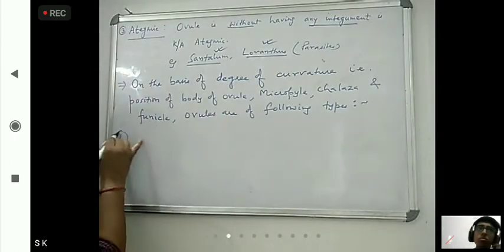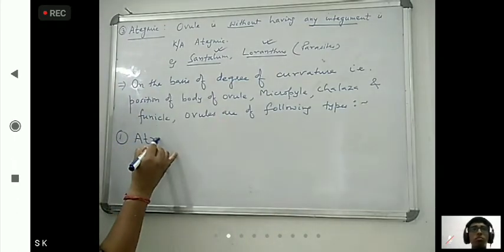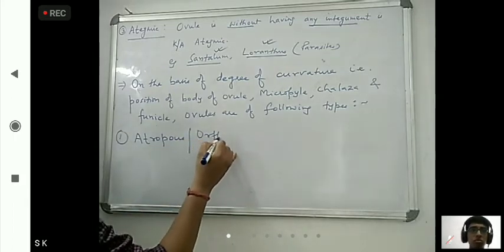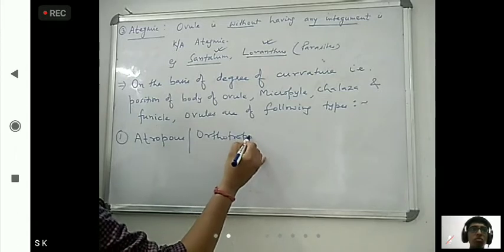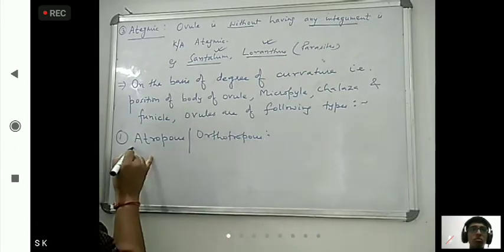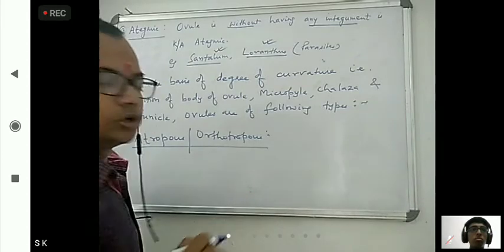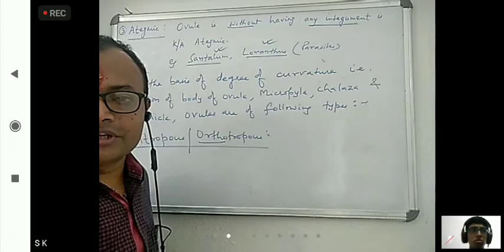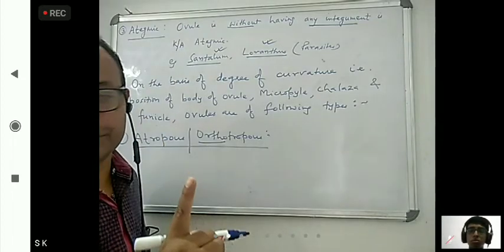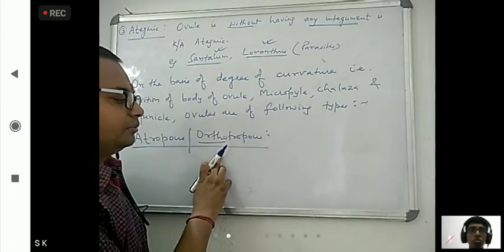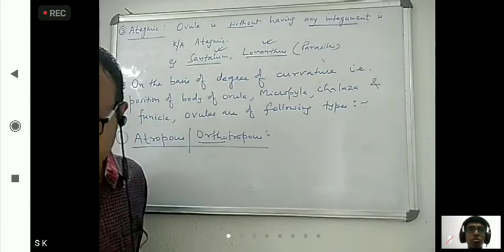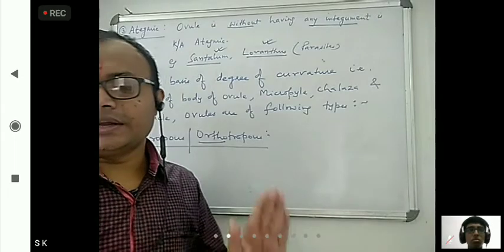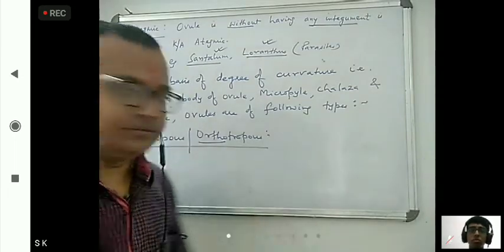So first one is atropous or orthotropous. Now, atropous or orthotropous means, ortho means what? Bone. And bone always having what? Straight position. So here what, how can we remember this? In orthotropous, what happens? Funicle, chalaza and micropyle are in straight line.